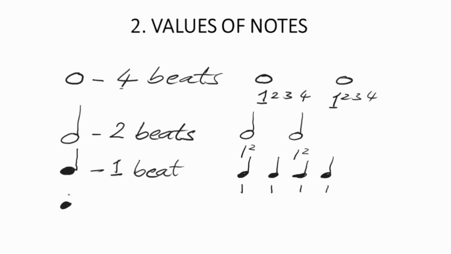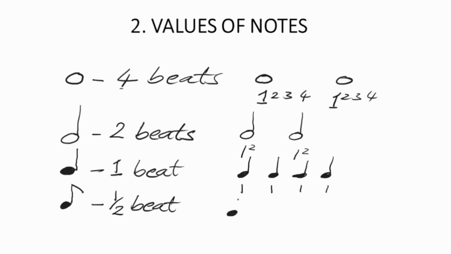Then we have a quaver, and the semiquaver afterwards. A quaver is an eighth note, half of a quarter note. If a quarter note has 1 beat, a quaver will have a half beat. So that's even shorter than that 1 beat in a quarter note.